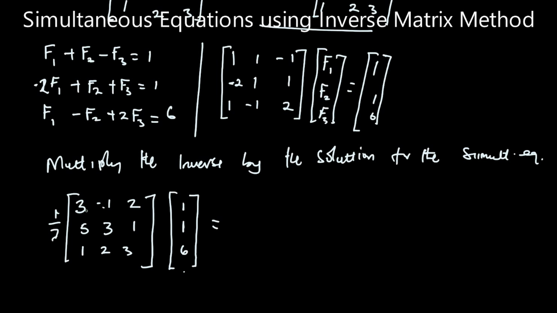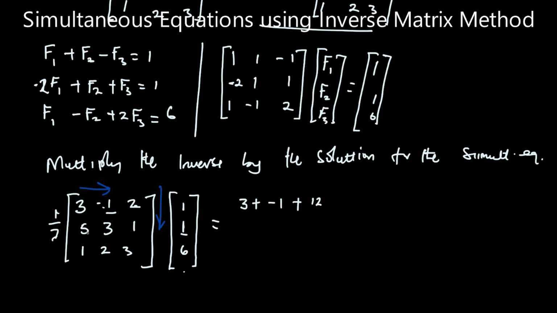So remember, when we were multiplying matrices, we said we do the row by the column. So for this case, we'll have 3 times 1, which is 3, plus minus 1 times 1, which is minus 1, then plus 2 times 6, which is 12.